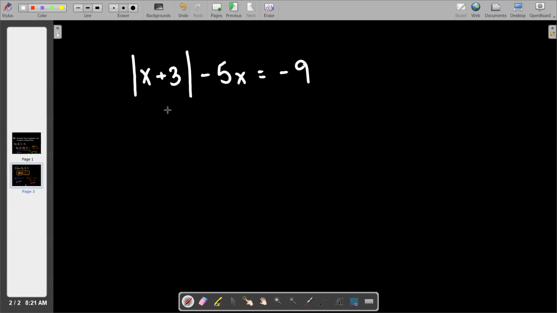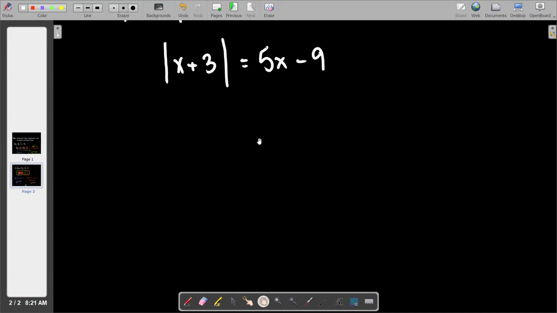Just add 5x. You had it right the first time. It was a gorgeous thing to say. So we have the absolute value of x plus 3 right where we want it, right? Isolated. And the right side is going to equal a now positive 5x and a still -9. Isolation complete.